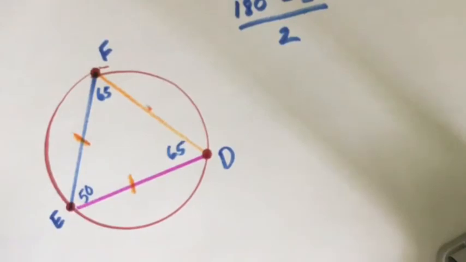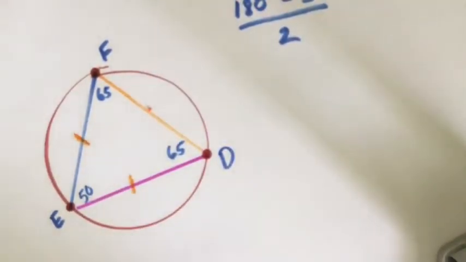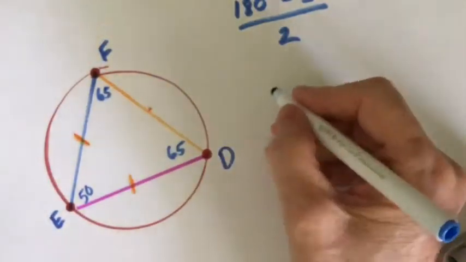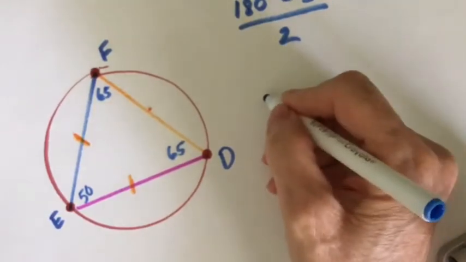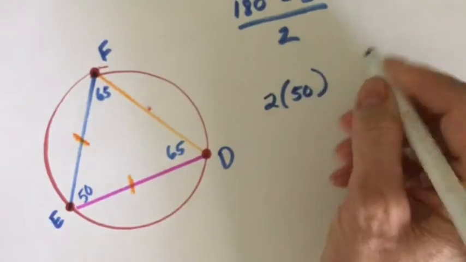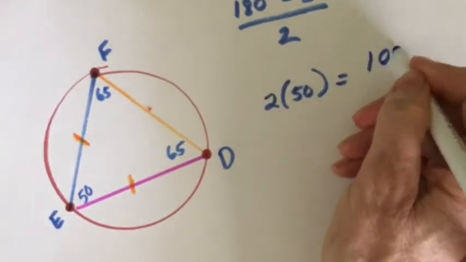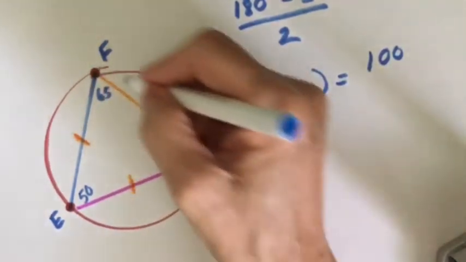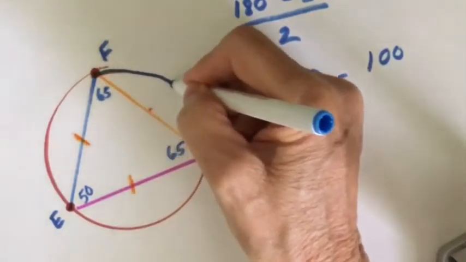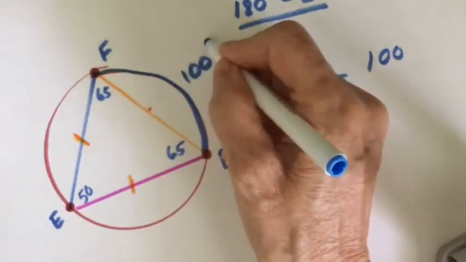It told me that I needed to find, I believe, arc FD. And when I do that, I'm going to have 2 times 50, which equals 100. So arc FD, right here, is 100 degrees.